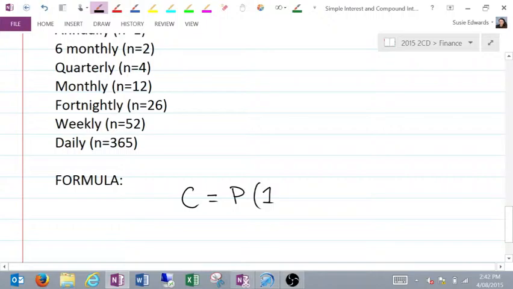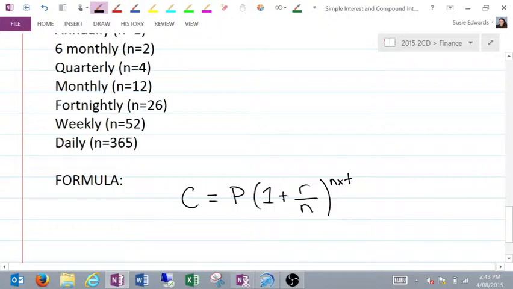You've got it written down. No, you don't? Awesome. All right, that was perfect, but don't draw Batman stuff in the back of your book while you're doing maths. Okay, 1 plus R over N to the power of N times T.